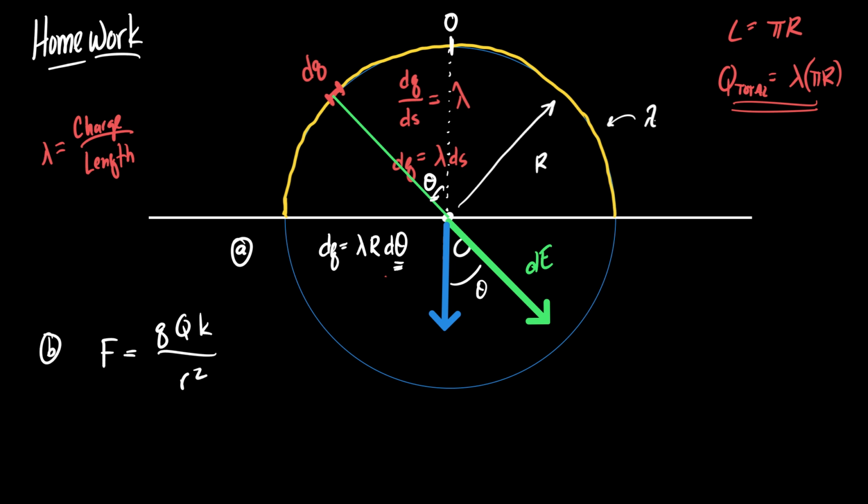So if lowercase q is the point charge, or if big Q is the point charge, I don't know which one you want to be the point charge or the test charge, we're going to say that our electric field contribution will be whatever this is divided by one of the charges, the charge that we would have placed here as our test charge. So either way, I'm going to write this as dq k over r squared. That's where I'm going to start.